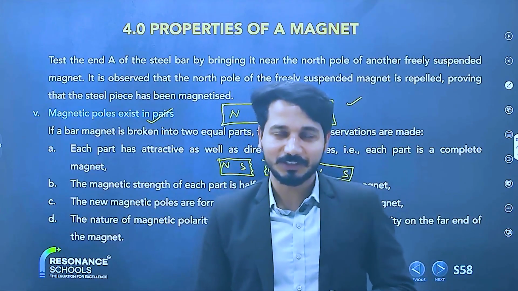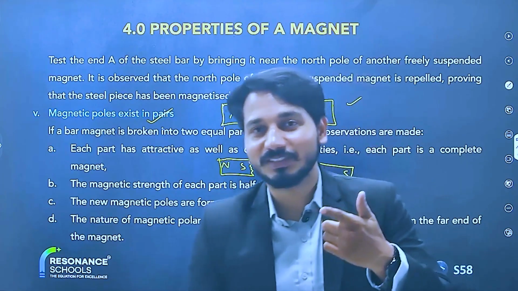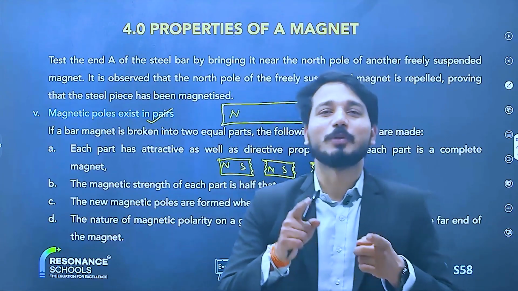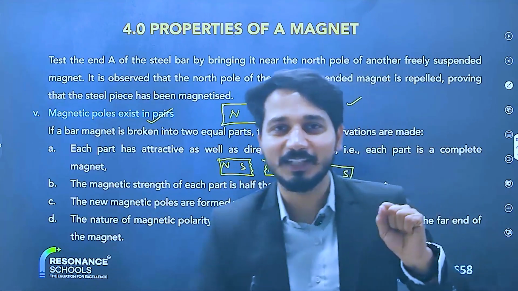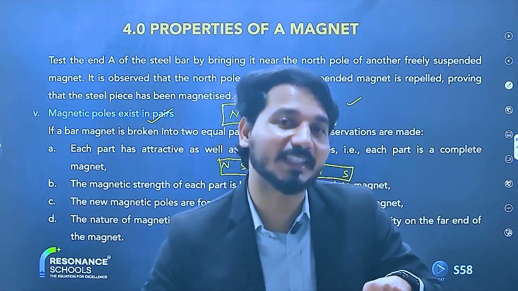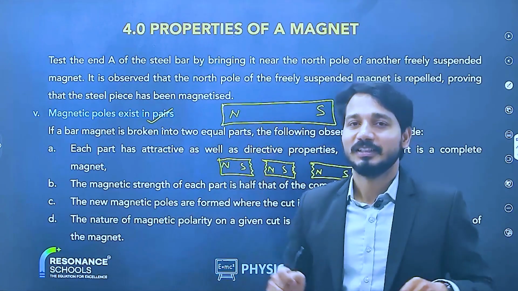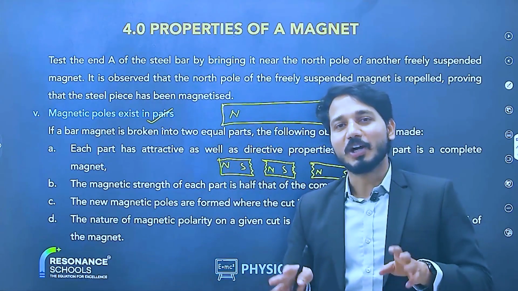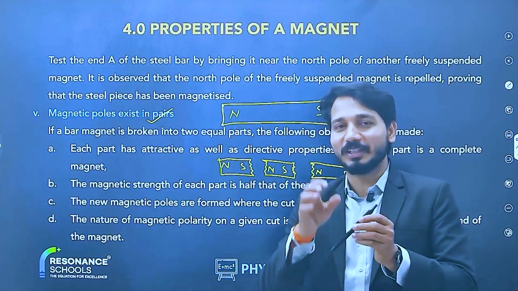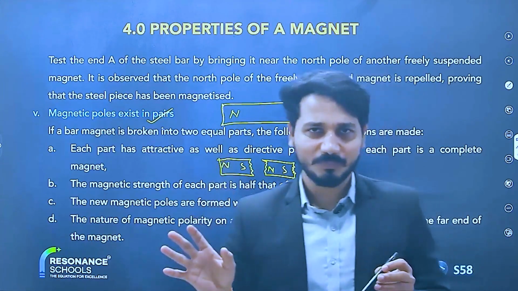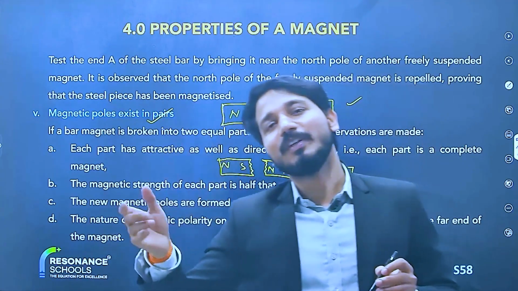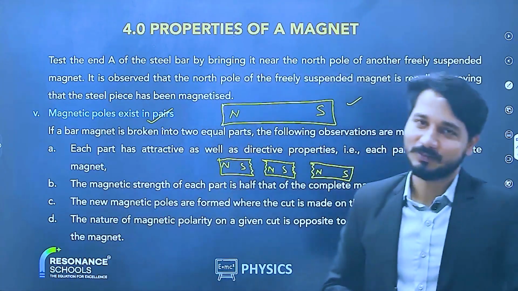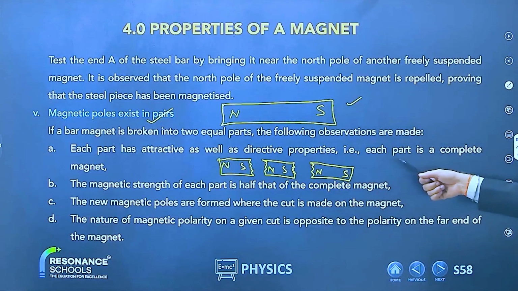Fifth, magnetic poles always exist in pairs, irrespective of how many parts you are breaking that magnet into. It doesn't matter. Even a small piece of magnet will have a north pole and a south pole. Right? Clear to everyone?